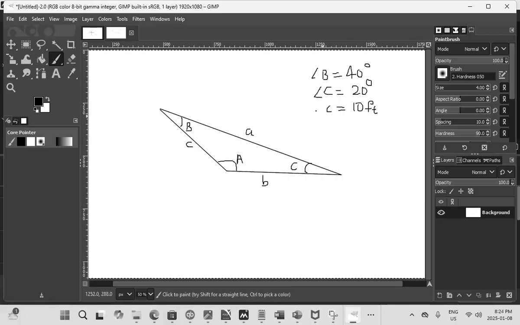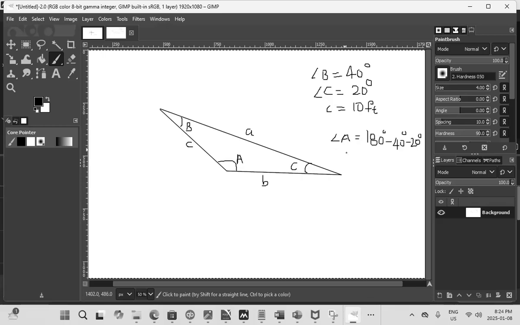To figure out your angle A, you will need to subtract B and C from 180. So angle A equals 180 degrees minus 40 degrees minus 20 degrees.